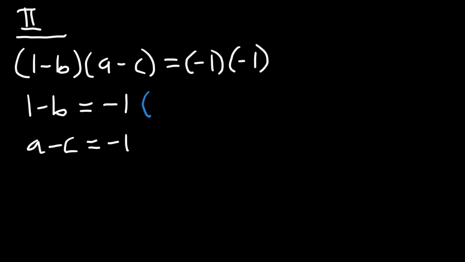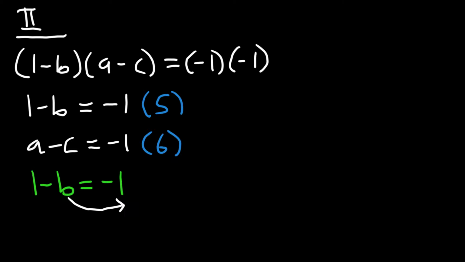Let's call this equation 5 and then this equation 6. From equation 5, we have 1 minus b equaling to -1. If we take b to the right hand side and then bring -1 to the left hand side, we shall have 1 plus 1 equaling to b, and therefore b will be equal to 2.